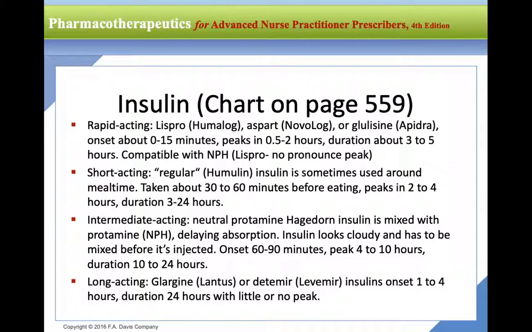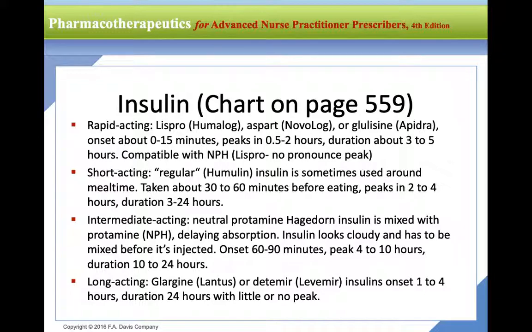So you may see patients using NPH and regular insulin as their mealtime and basal insulin, and that's usually because of price. These are available without a prescription, and I believe there's a version at Walmart.